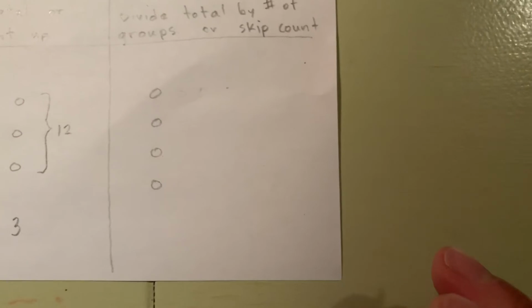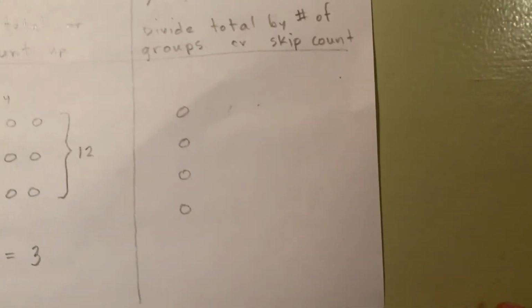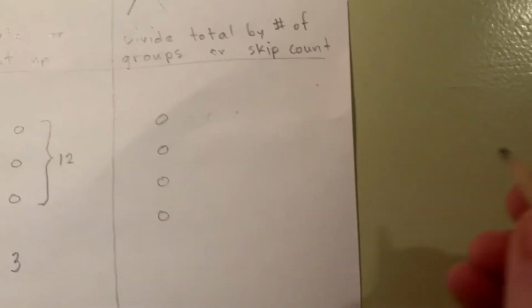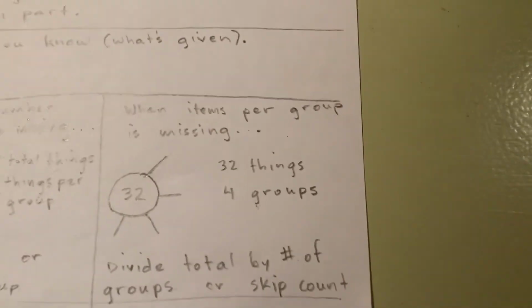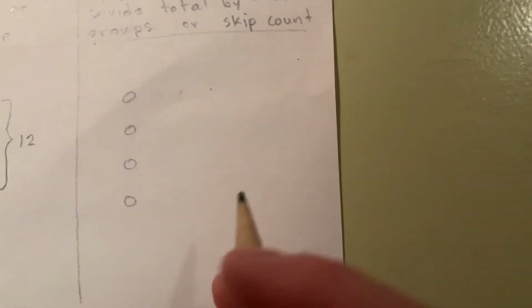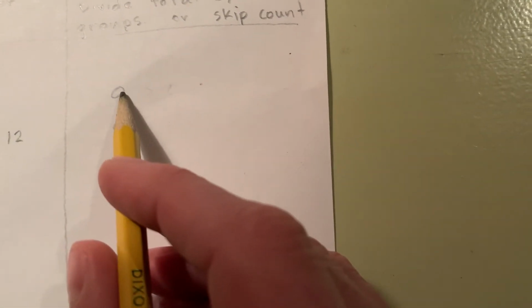I'm going to look at the array model. I have an unfinished array here, and I know that there are 4 groups, and there are 32 total things. So I've got my first groups done.